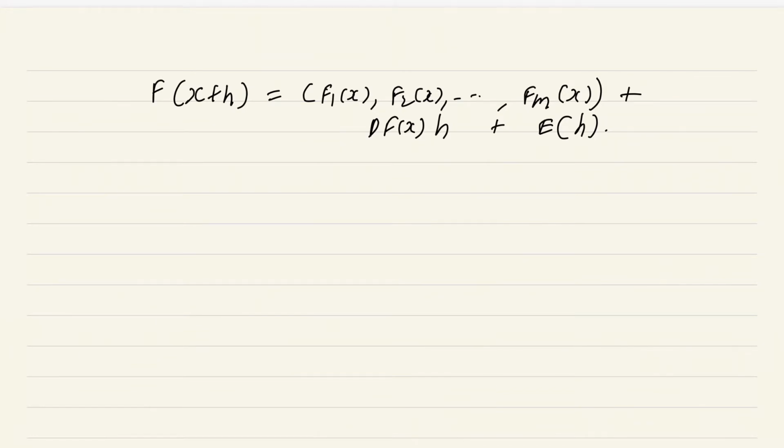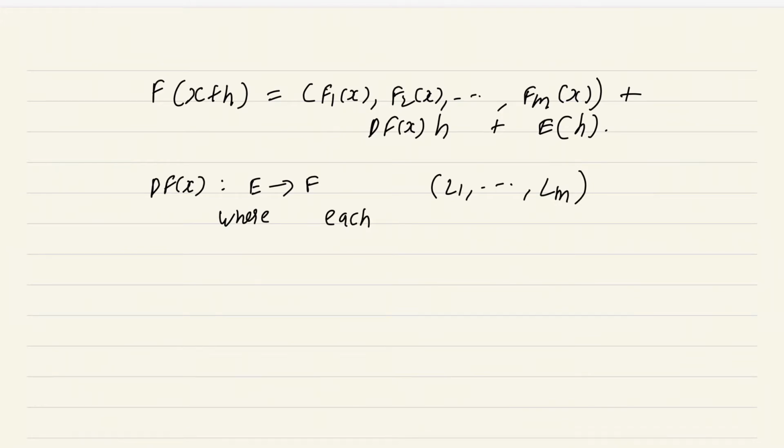Now dfx is itself a linear map from E to F, which I can write in components as L1, ..., Lm, simply because F is an m-dimensional space, where each Li is linear.